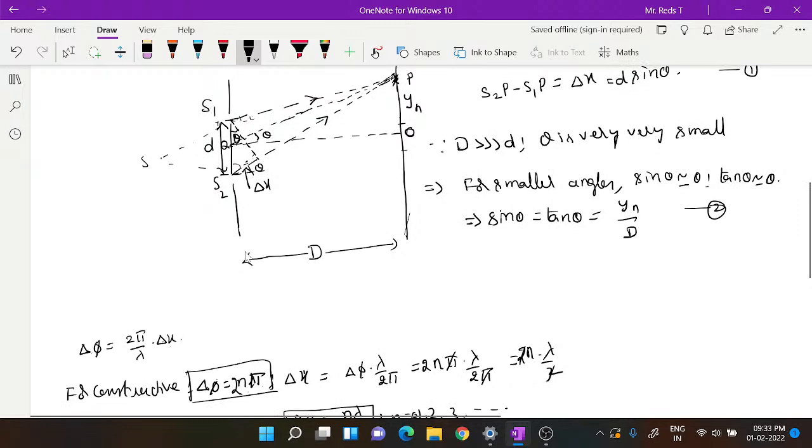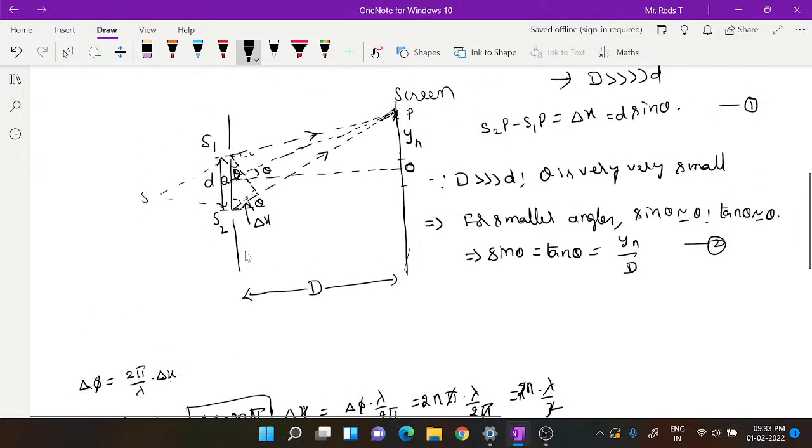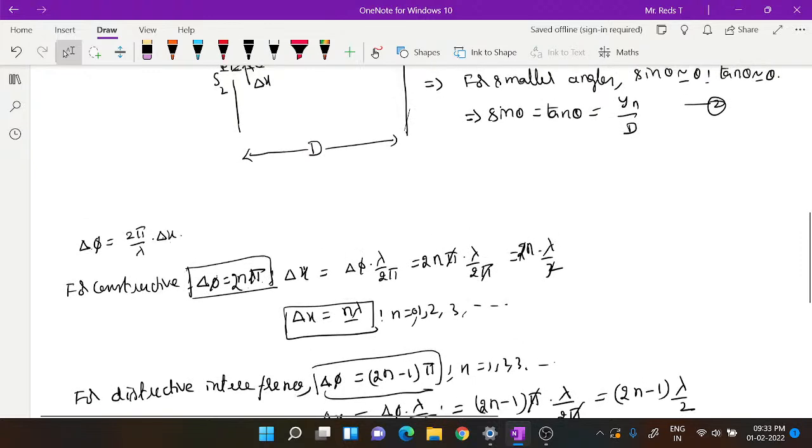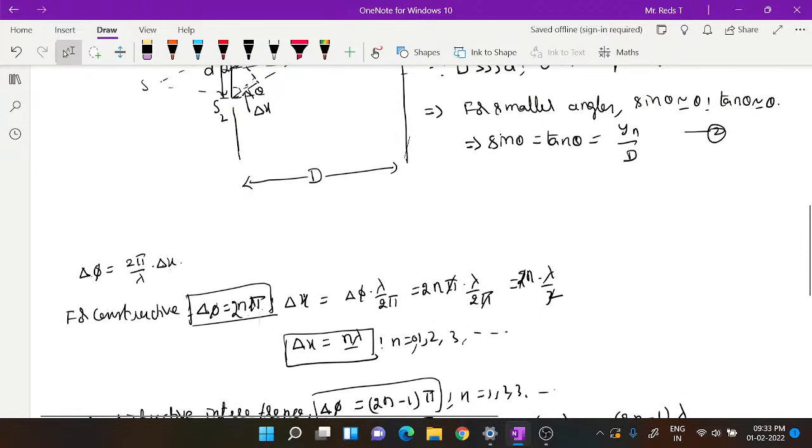By making use of this, the path difference for constructive interference is n lambda. If you substitute this, for understanding purposes I have given you all this.